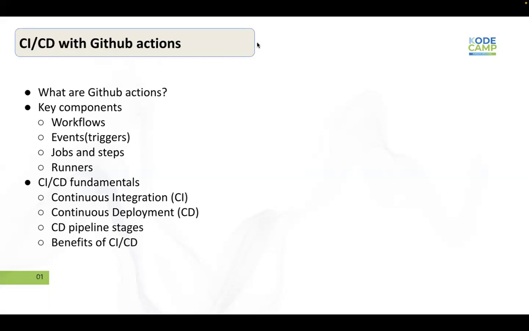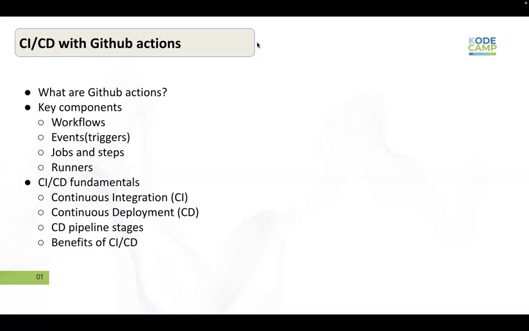GitHub Actions is a CI/CD platform integrated directly into GitHub repositories that allows you to automate workflows. Think of it as a powerful automation engine that can trigger on events, run jobs, use actions, and manage secrets.